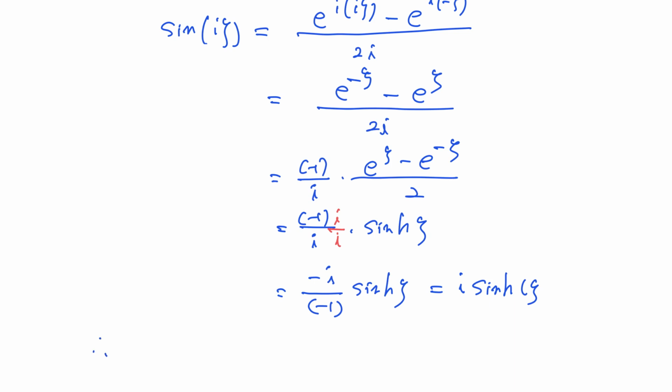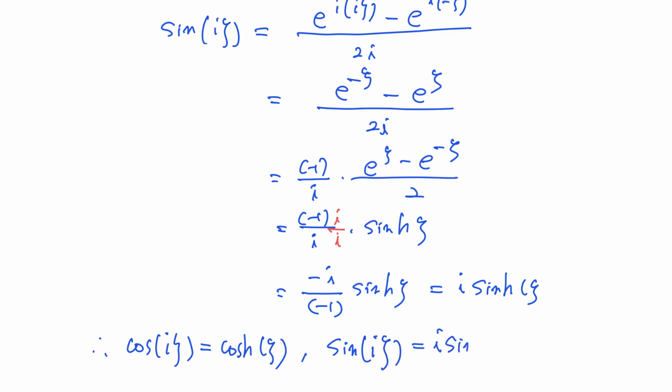So we have the following relationship. Cosine i zeta is cosine hyperbolic zeta. Sine i zeta is i sine hyperbolic zeta.